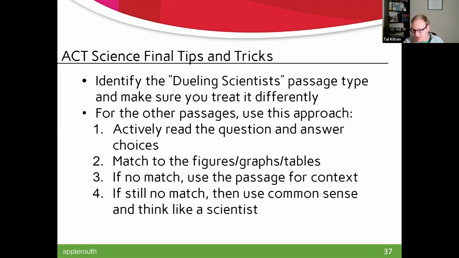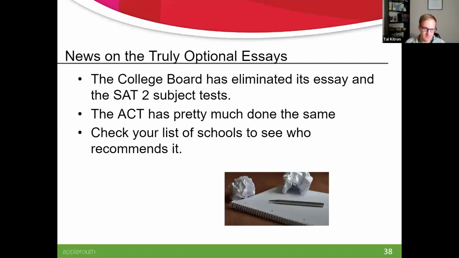Because for the other passages, we're going to go straight to the question and choices. We're going to match the graphs. If there is no match, look to the passage for context. And then in the rare occasion there's still no match, use common sense and think like a 10th grade scientist, not a rocket scientist. So, demystified.